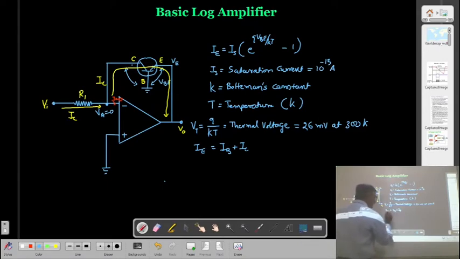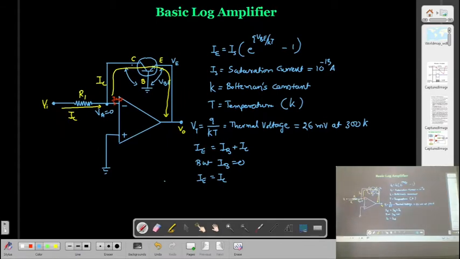But the base current IB is 0, so the emitter current will be equal to the collector current. So we can write this expression here, instead of writing IE, we will write IC.